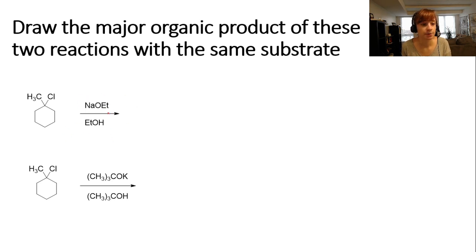So here we have sodium ethoxide. So this is a strong base, but it is also a small base. So the way this looks is Na plus OEt, ethoxide, a strong base, so it's also a small base.